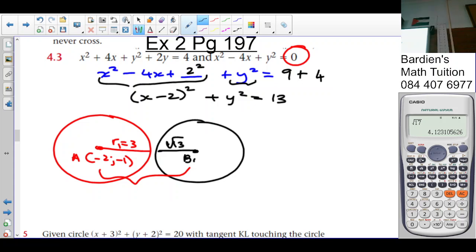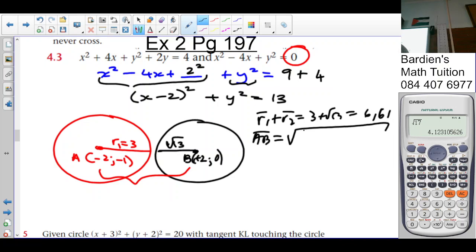So what's the center of the circle? Still 2 and 0. So radius 1 plus radius 2 is equal to 3 plus the root of 13. What would that give us in decimal? 6.61. Then AB's distance is going to be the square root of (minus 2) squared plus (minus 1 minus 0) squared.